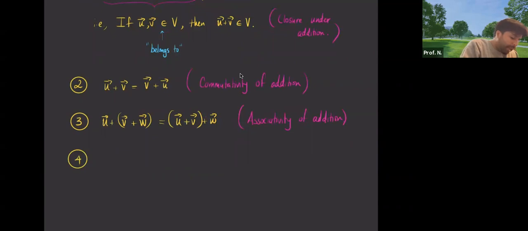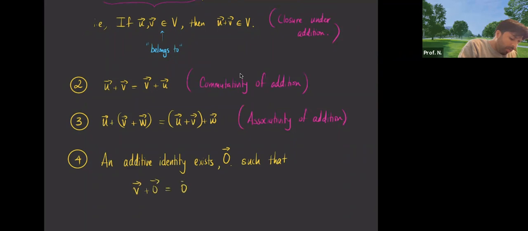We also have an identity element. An identity element exists. And particularly, I'm going to say an additive identity. And of course, we're going to denote that by 0. So it exists such that v plus 0, 0 plus v equals v.